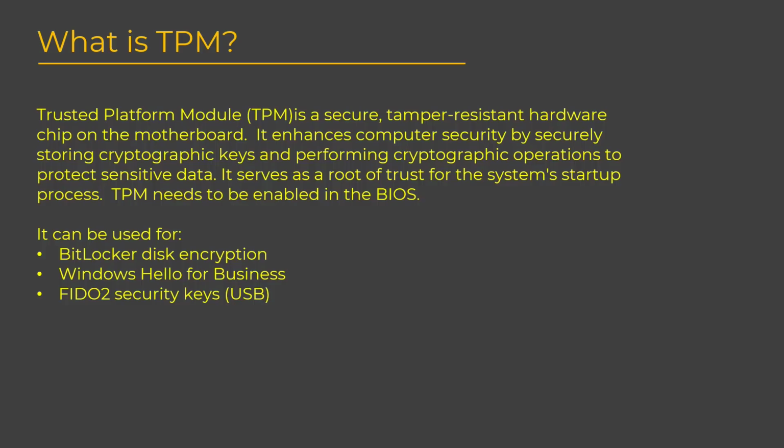It enhances computer security by securely storing cryptographic keys and performing cryptographic operations to protect sensitive data. So it stores these keys on the chip, and we'll talk about those keys in a little bit, what kind of keys we're going to use, and to perform the operations such as what type of startup method we're going to use on that chip.